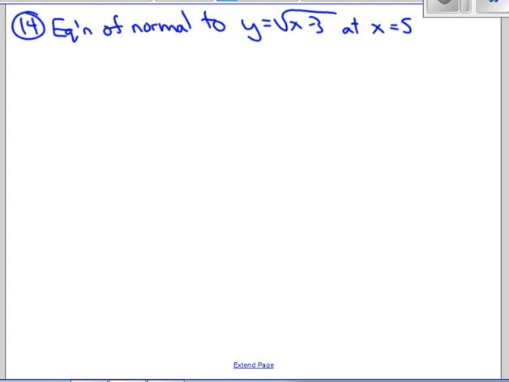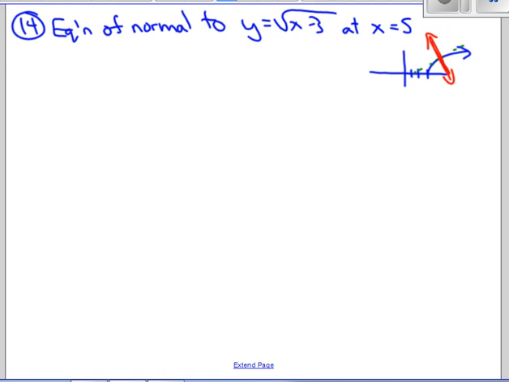And if you want, you can imagine what that looks like. Root x minus 3 is this shape. Okay. Its tangent would look like this, but its normal should look like this. Fairly steep, but negative. Let's see if that's what we get.